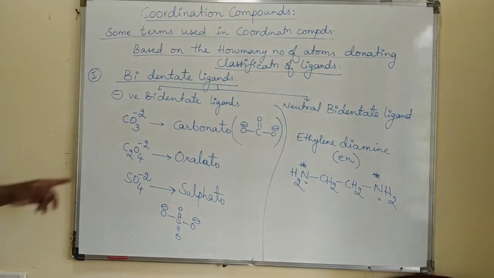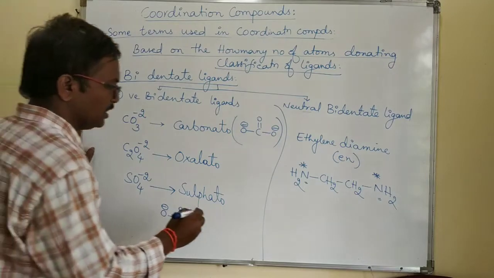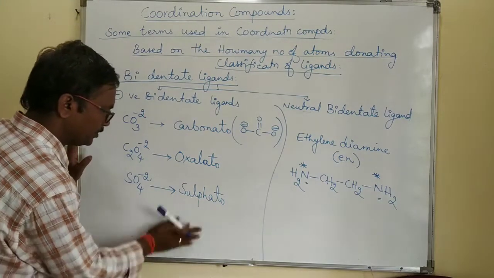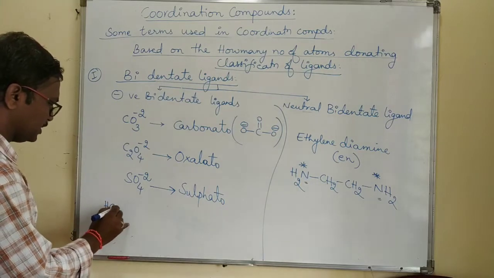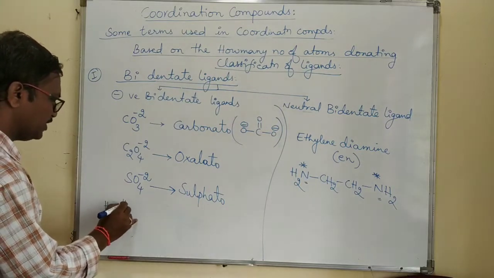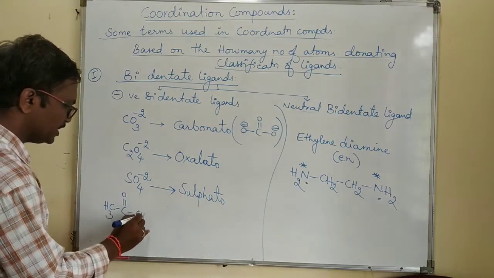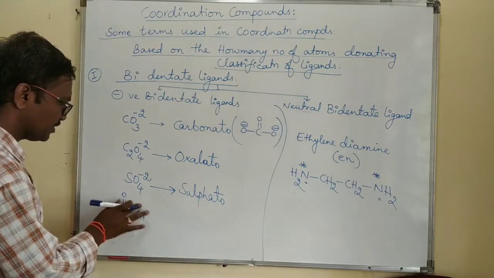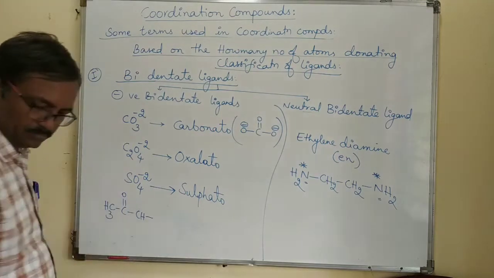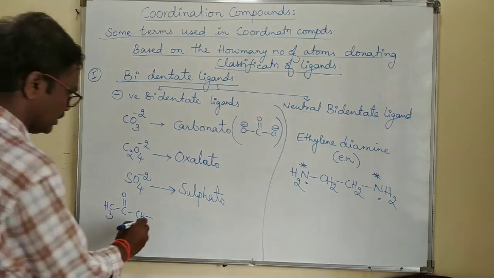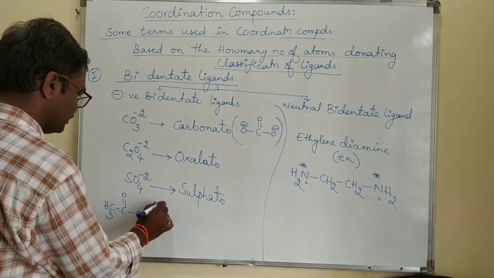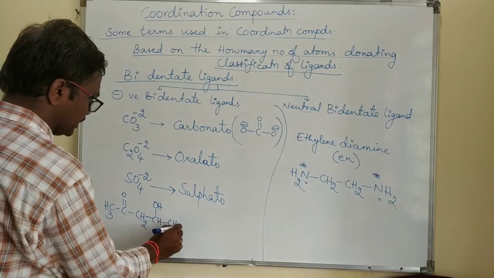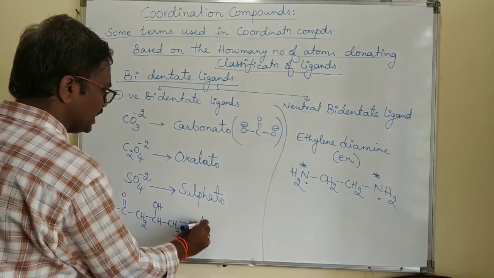In the negative ligands, one more is there, that is CH3, CH2, CHOH, CH3. They have given it in your book. Acetyl acetonato.